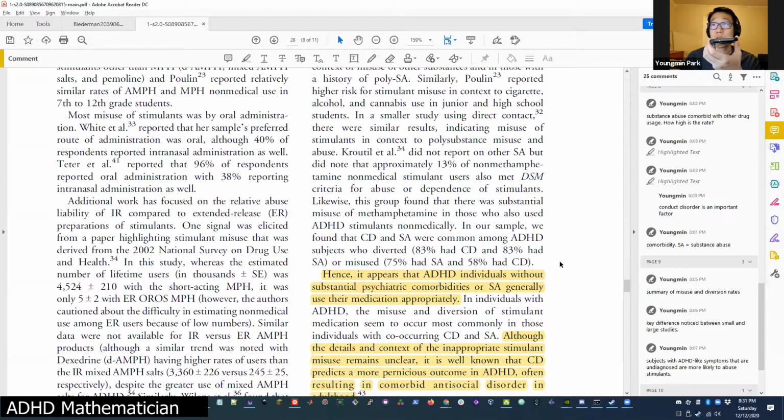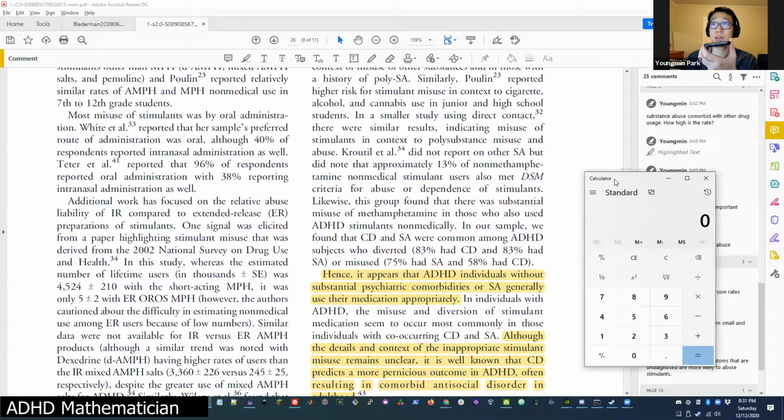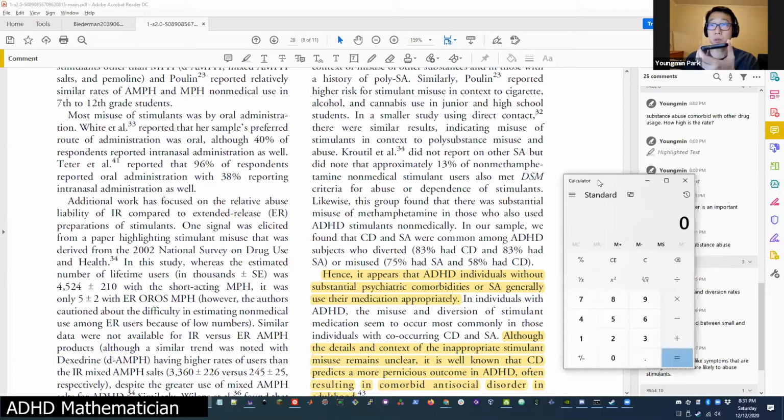So if you don't have conduct disorder, and if you have not had any kind of substance abuse or history of substance abuse, then the likelihood that you will abuse medication is substantially lower. So if we take, let's see, 100 minus 58 is 42. So 42, this is the worst case scenario. If you don't have conduct disorder, let's see, 42 times 0.22.